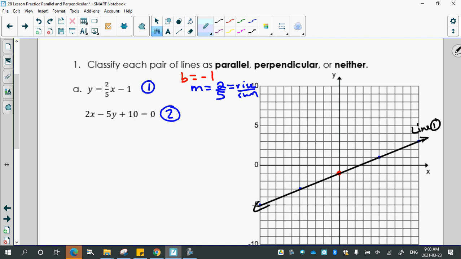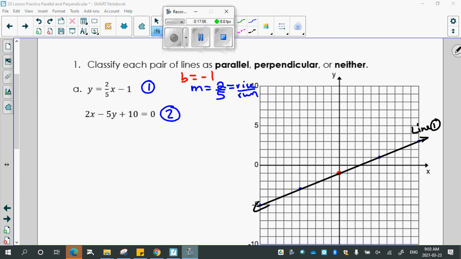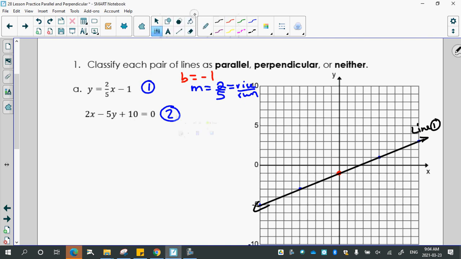Line 2 is going to take some more work though. I have to use what I learned yesterday about switching forms. So adding 5y to both sides so that I have a 0 pair here. So now there's 2x plus 10 on the left side and 5y on the right side.